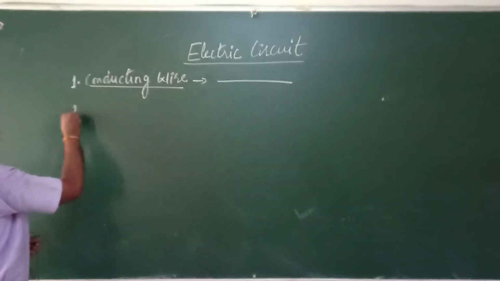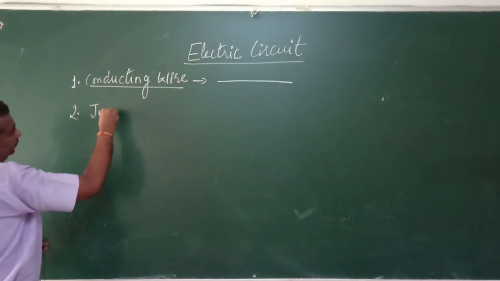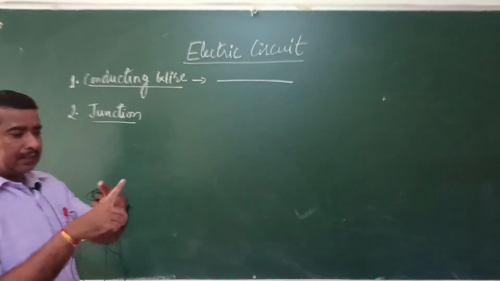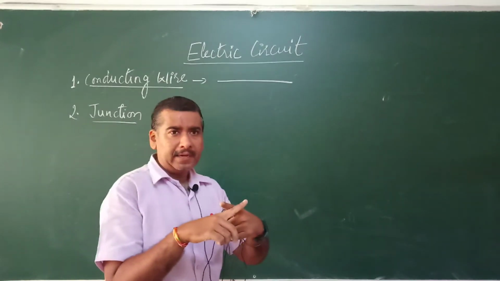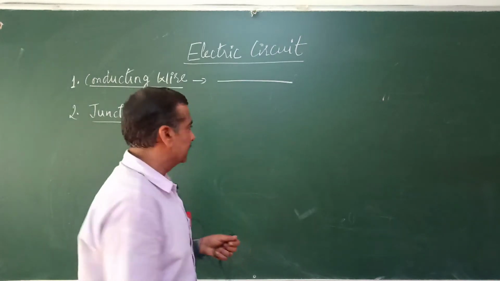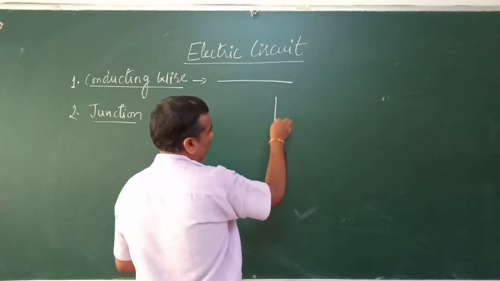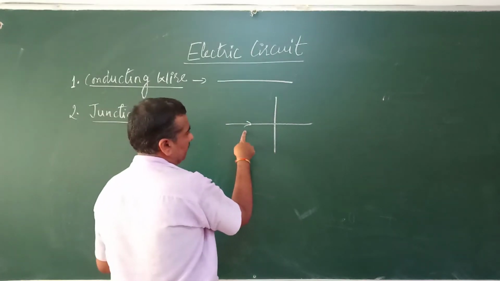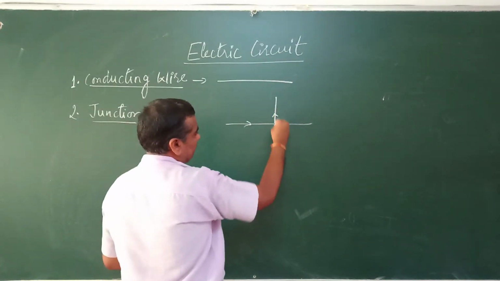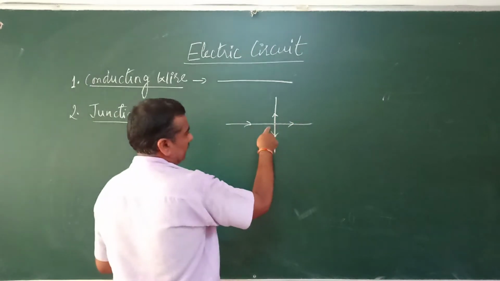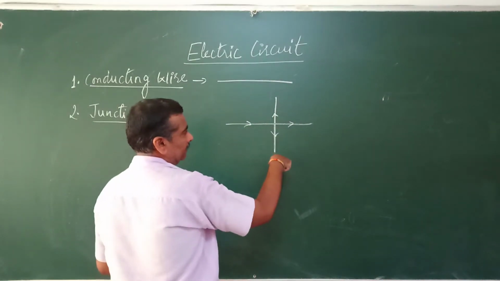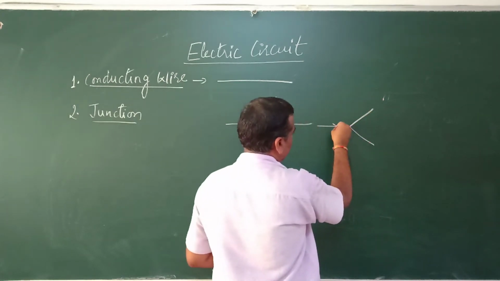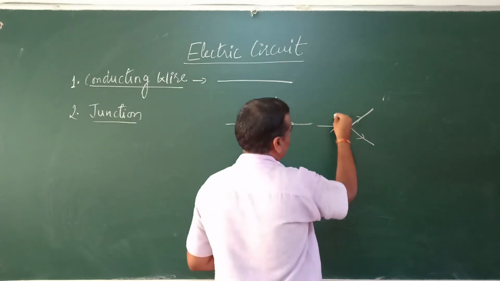Then we have junction. What do you mean by junction? When the two conductors meet, right? Or there is bifurcation, it is known as a junction. Suppose the current is coming from this. Now the current basically gets divided into these three. So this is a junction, right? ये junction है, right? Or the junction can be like this also. The current comes here and the current gets divided here, है ना.